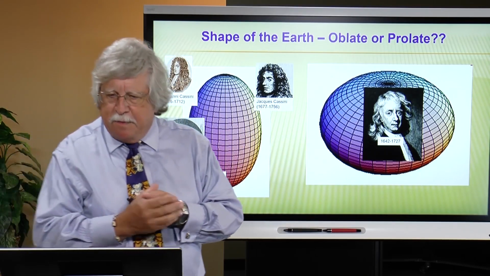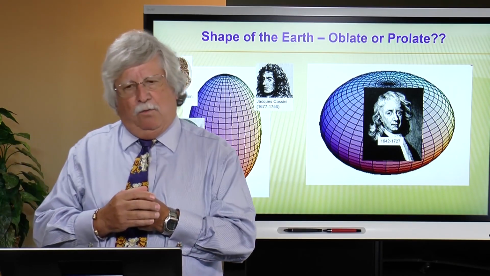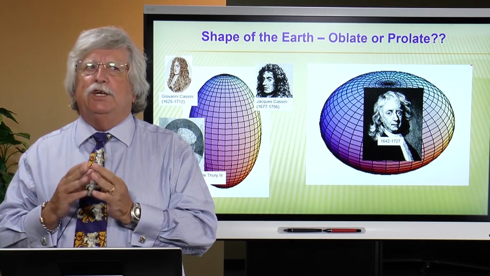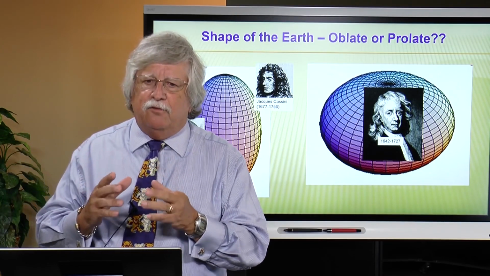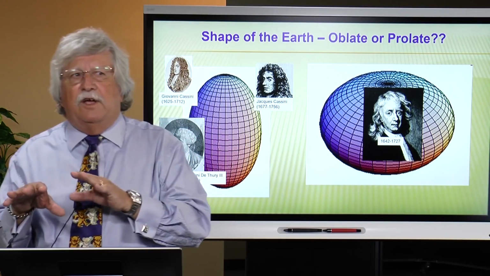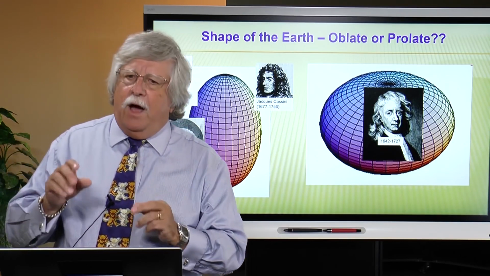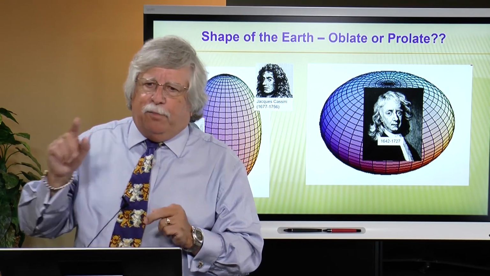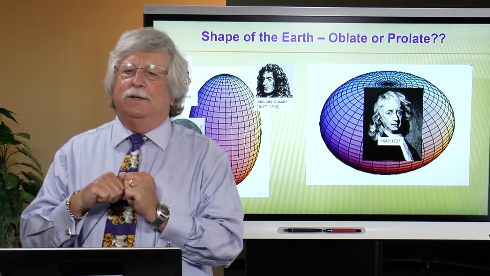Well, remember, this is the 1730s, 1740s. There are no space-based positioning. So the concept of how big the Earth is becomes very parochial. That is, institutions, organizations around the world go out and start making measurements. And what they find is every place they go, the values are a little bit different.